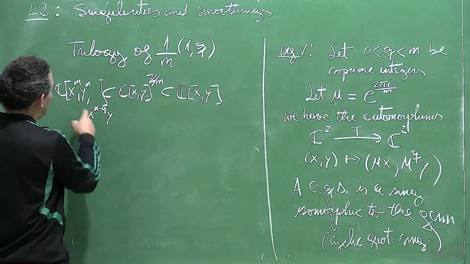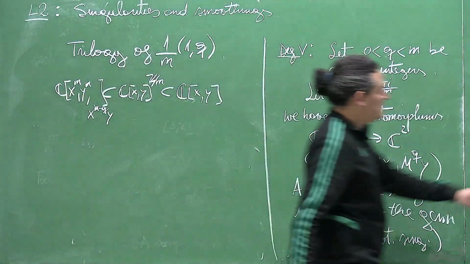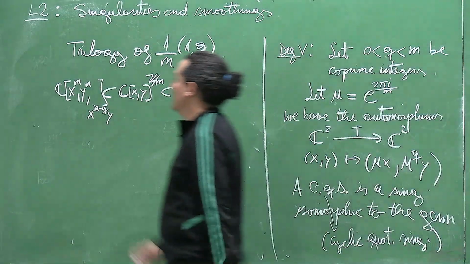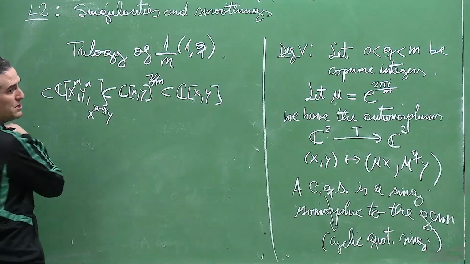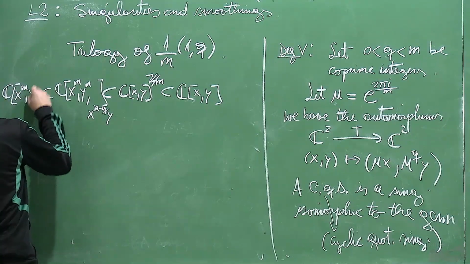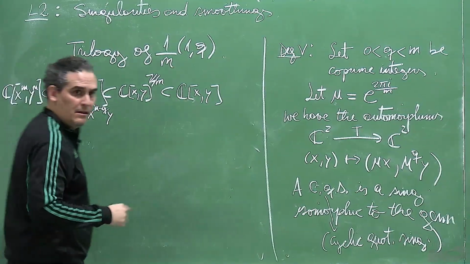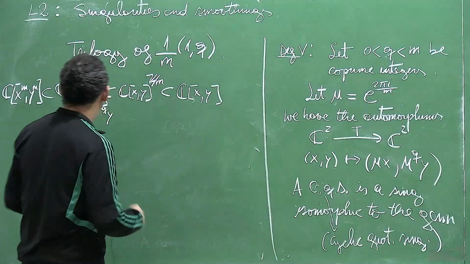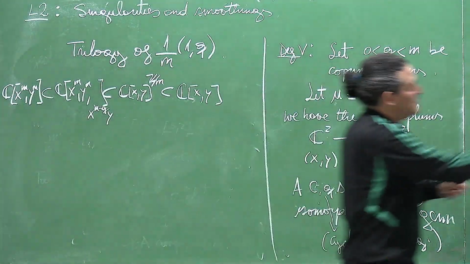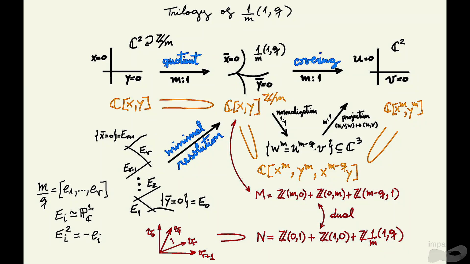And here you have a relation again, very similar to this situation. So you have this hypersurface in C^3 in between. And then with x^m and y^m, you go to C^2 again. Oh, yeah, sorry, but this is exactly the orange part in this picture.